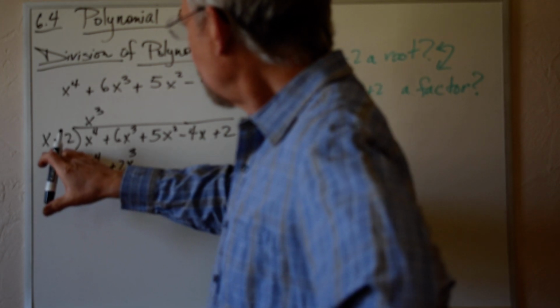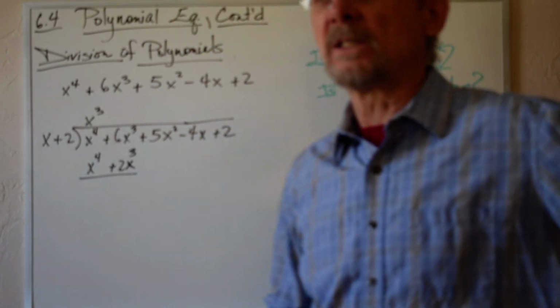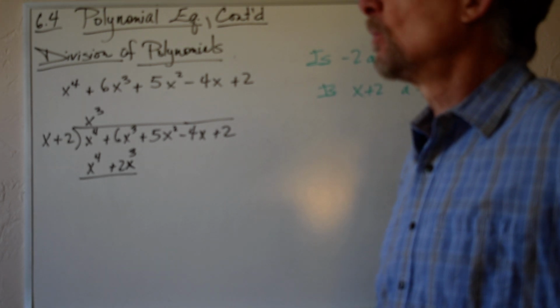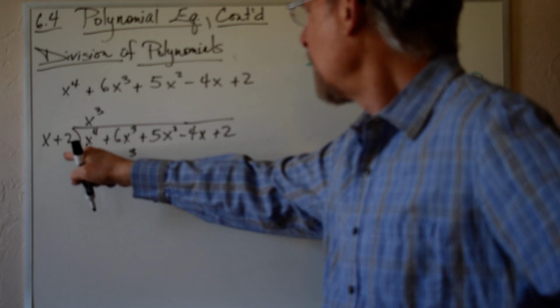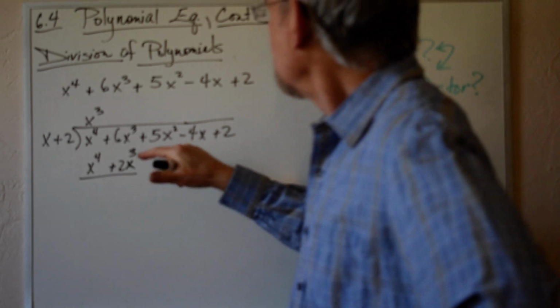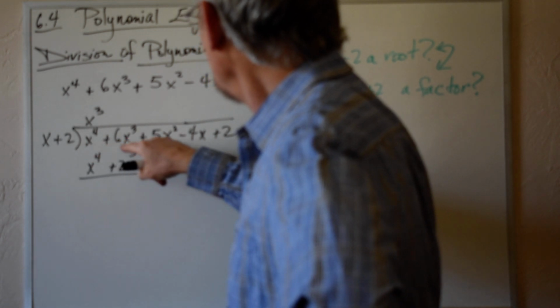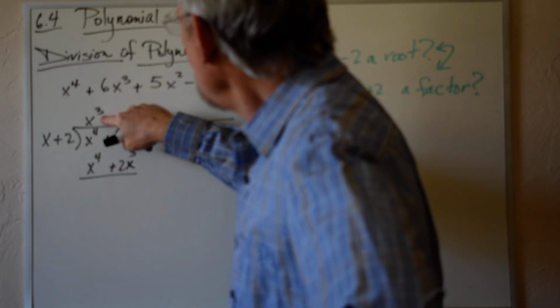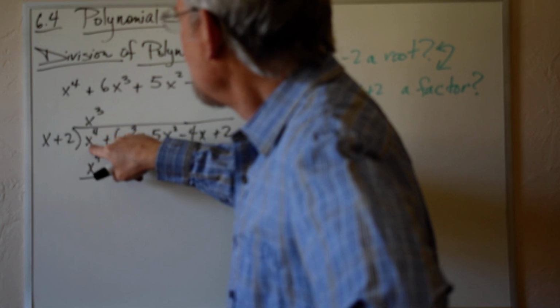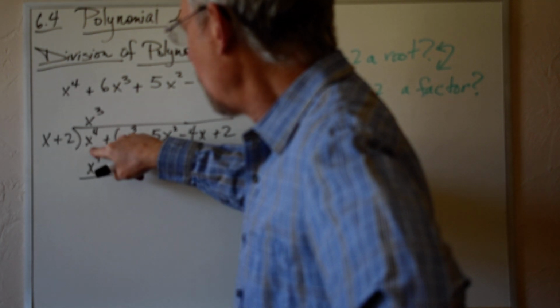Well, set it up like a long division problem like you did way back in grade school, where you divide one number into a bigger number. In this case, I divide x plus 2 into this. What do I need here to get that x to the fourth to cancel out?